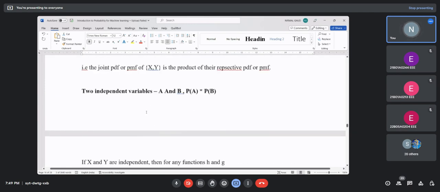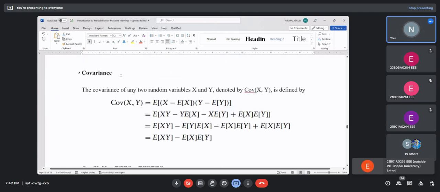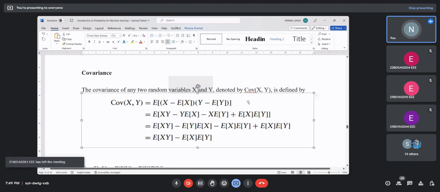Here is one more important term, called covariance. Again, very important, you need to star it. The covariance of random variables x and y is denoted by covariance of x and y, and it is defined as e of x minus ex, y minus ey. That means the multiplication of x minus ex and y minus ey.